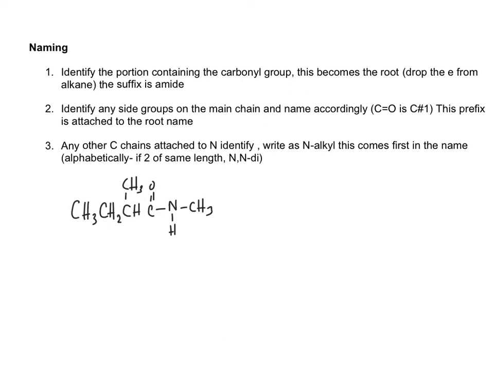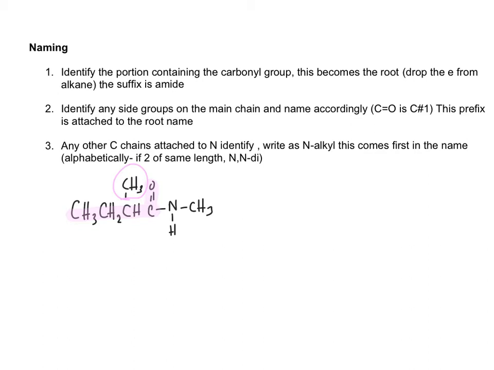All right, if we look at this structure, here we have the portion containing the carbonyl group. So this is going to be our root. And it has a side group on it here. So this portion will be our amide portion. So there's 1, 2, 3, 4 carbons in our longest carbon chain.